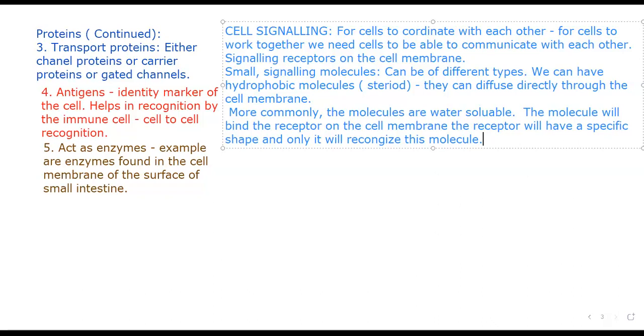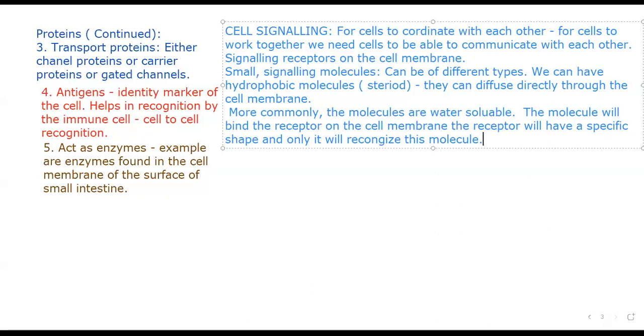So the messenger is going to be binding to specific receptors, right? That's how we make sure that only the tissue that we want is doing the job and not all the tissue in the body. So it will only recognize this particular molecule. Only the cells that have this receptor will be able to understand the signal.